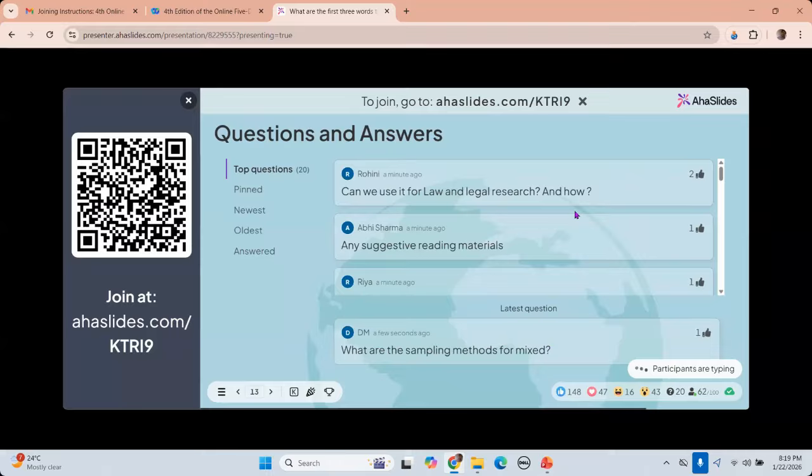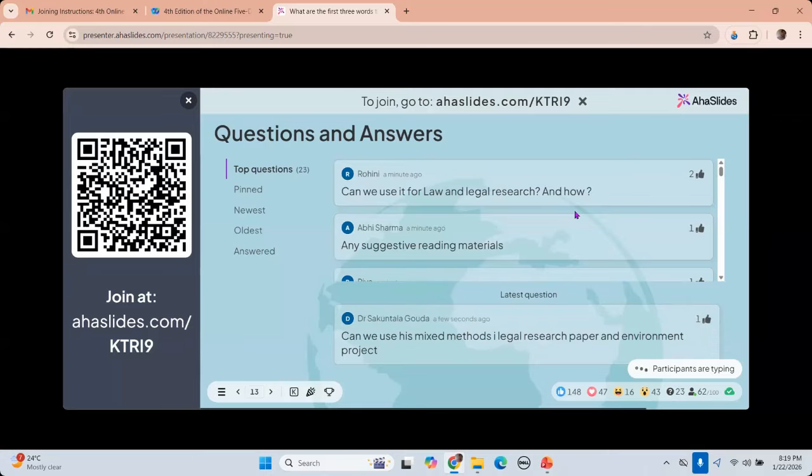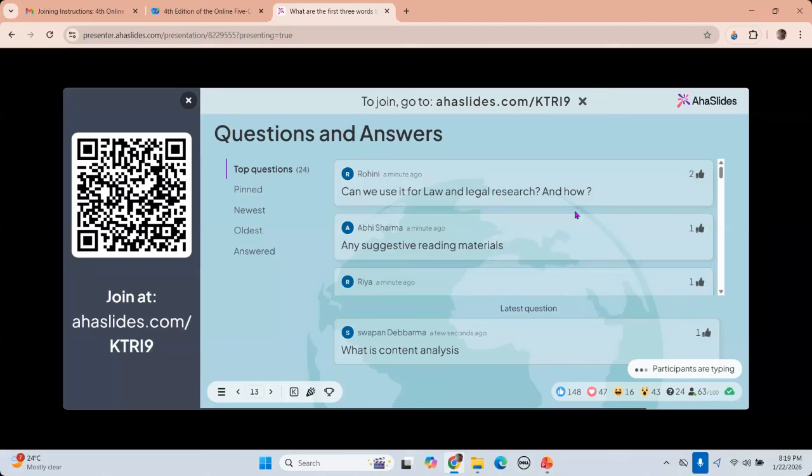First, for example, I want to understand the implementation of particular legislation. So I'm going to collect data from a huge sample about, for example, the implementation of the Persons with Disability Act 2016, like the right to education or the right to employment. After collecting data from 100 or 200 people, I get the quantitative data, but quantitative data is going to explain only what is happening.